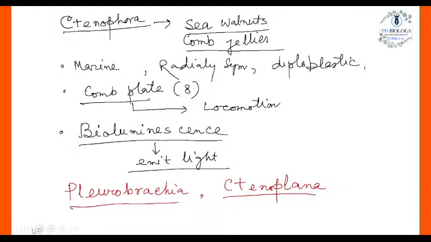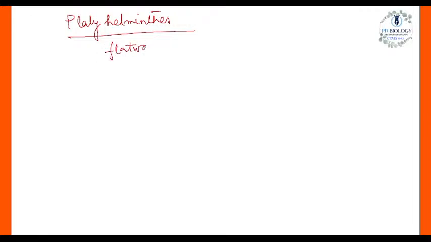The next group is Platyhelminthes. They have a dorsoventrally flattened body, which is why they are also called flatworms.